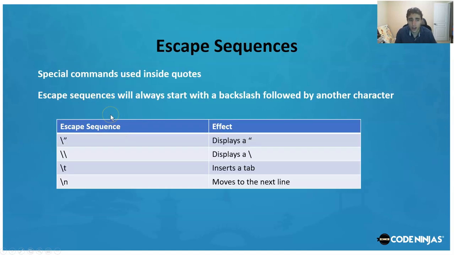So if you want to have special sequences and special characters in your code, you have to use escape sequences. Escape sequences are special commands that we use inside quotes. Escape sequences will always start with a backslash, followed by another character.